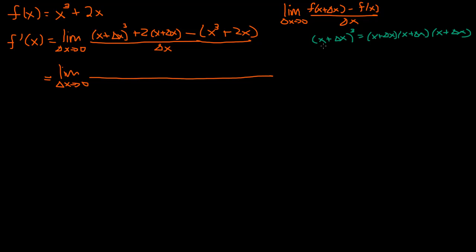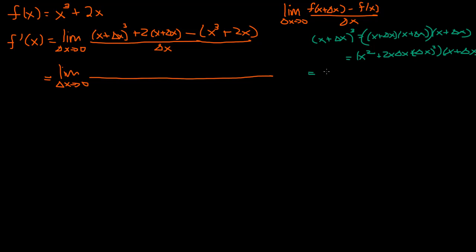Let's take two of those at a time, the first two. Okay, that is x squared plus 2x delta x plus delta x squared, times x plus delta x. Be really careful here. There's a lot of algebra in this one.